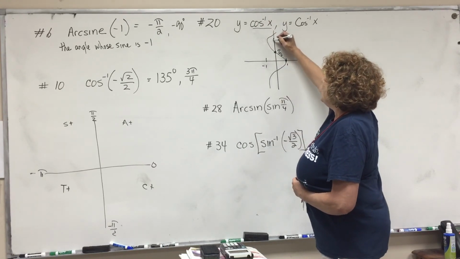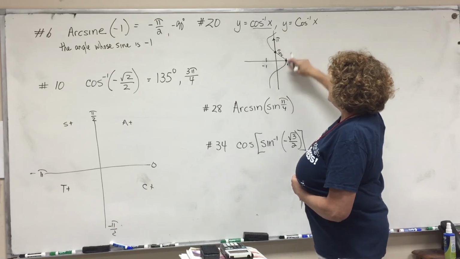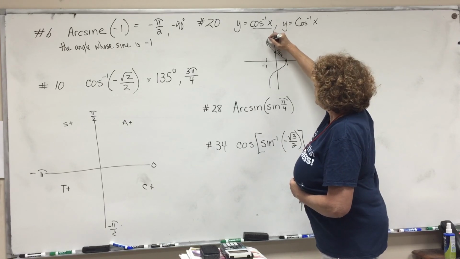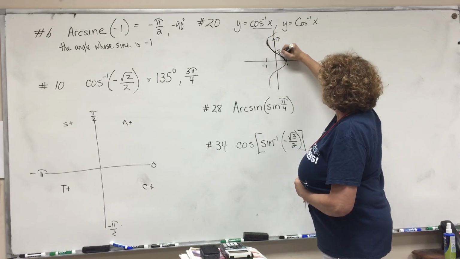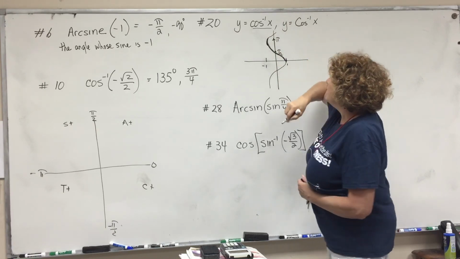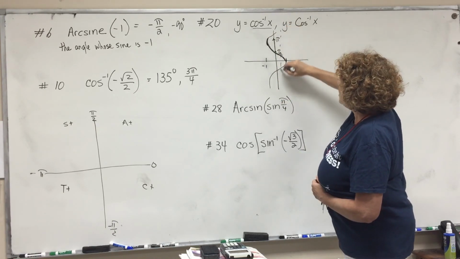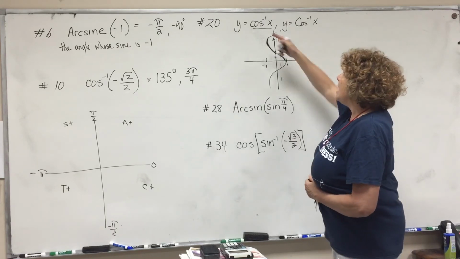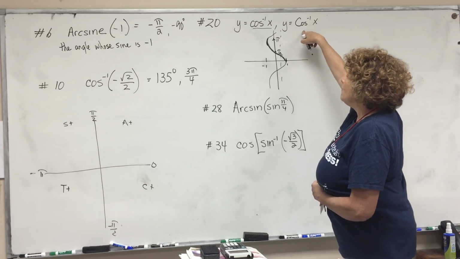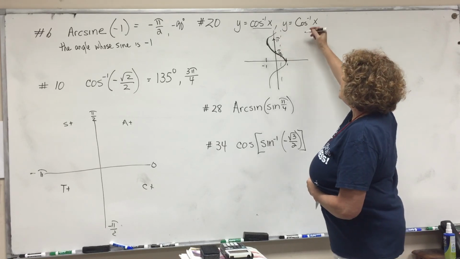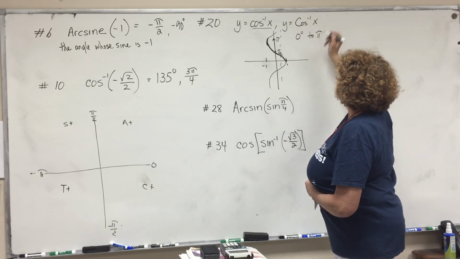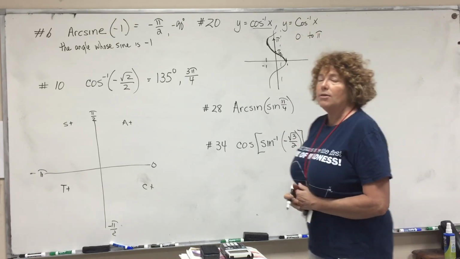Now, we know that from 0 to pi, if I just darken that in, that is where it passes the straight line test. After that, if I were to draw a straight line, it crosses twice. So this can't be a function, but this can. So in order for this to be a function, its range is only from 0 degrees to pi, or 0 radians to pi radians.